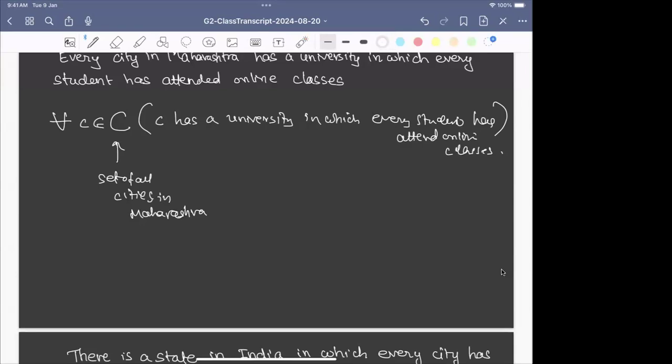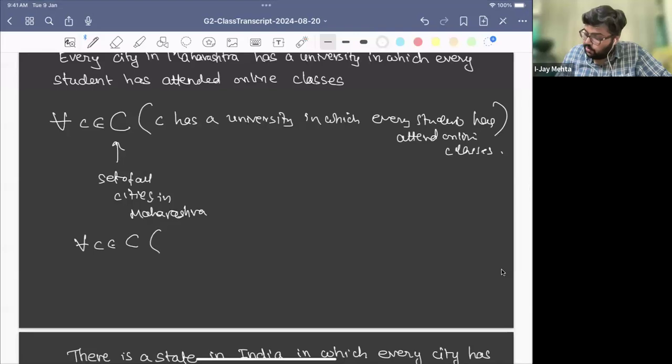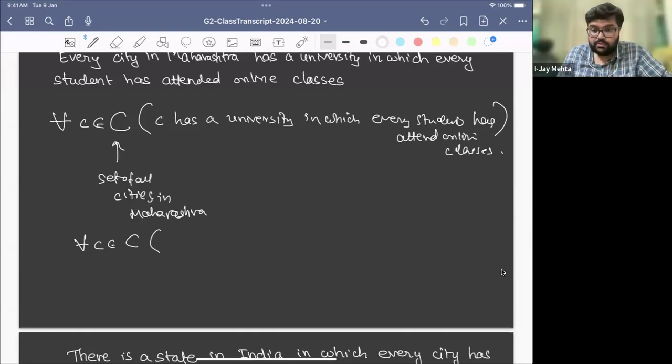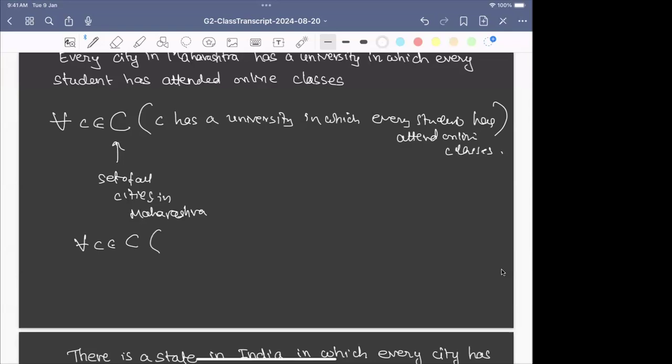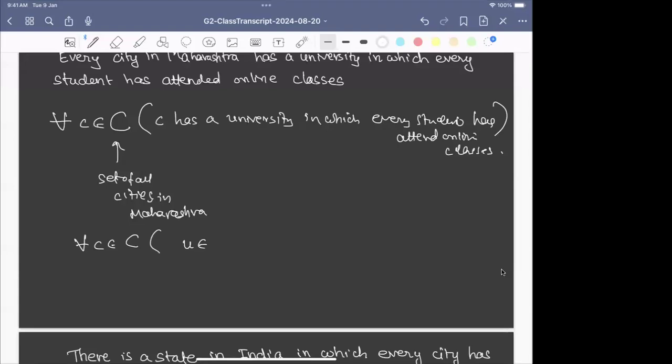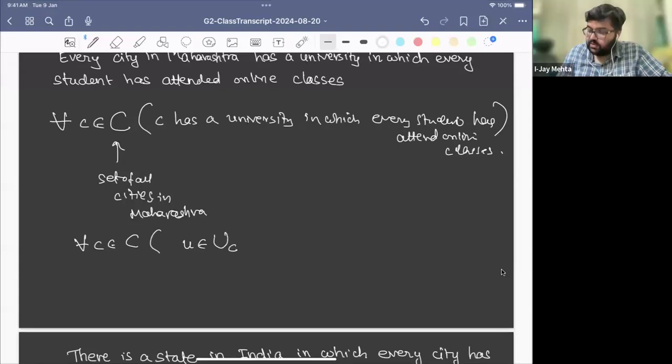So all the universities in city C. Yes, so what notation do we want to use? Which notation? Set of all universities. Small u belongs to capital U suffix C. Very good. So this U is for the set of universities in the city C. C is fixed now.